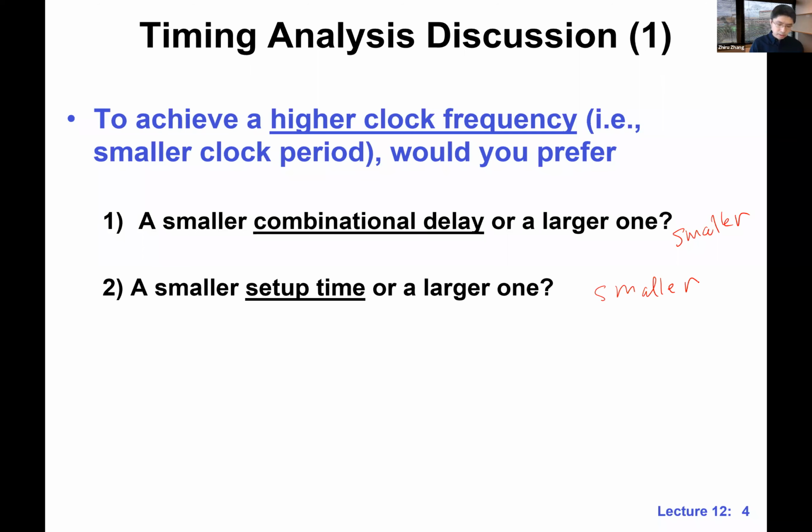Remember this inequality: we have FFPD plus T com, these two combined are basically the computational delay, the propagation delay, plus T setup. This cannot be greater than T clock, which is the cycle time. The smaller the T clock is, the faster the actual circuit, the higher the clock frequency. So of course we want a smaller T com and smaller computational delay, and we want a smaller setup.